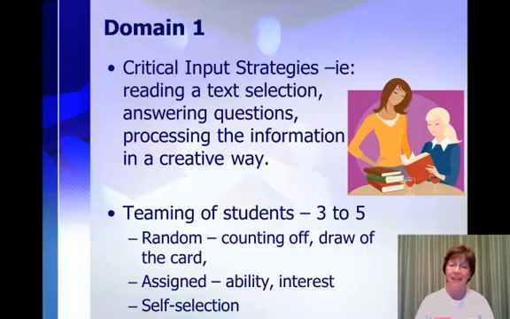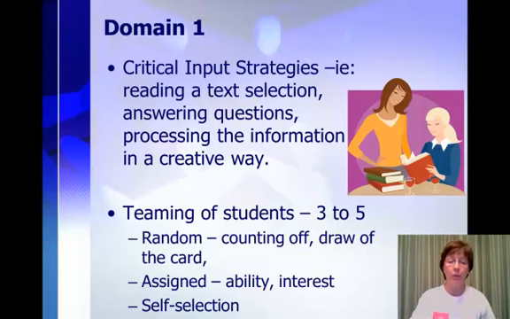You can assign teams either by their ability or by their interest, and when we start talking about formative and summative assessments, that will give you an idea of how to assign them by ability. Or you can let students self-select. There are going to be times when you let students self-select, but there are times when you want to randomly assign them, or times when you want to assign them, especially if it's important to you that they're not in a social group along with their learning.